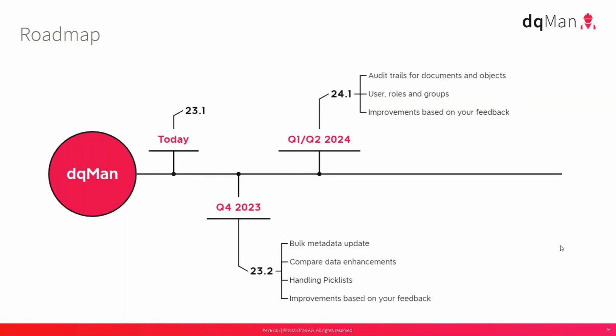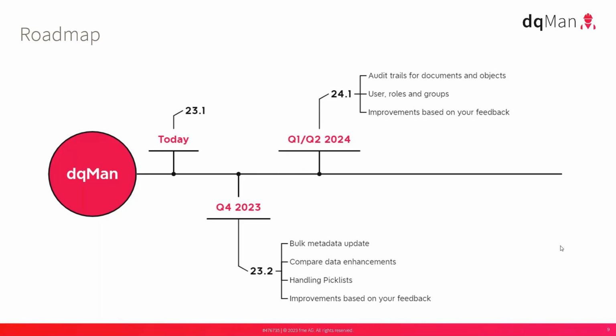Let me show now the roadmap we have for the next two releases. The current release is 23.1. It was released at the end of June, so it's available for download and trial on our website.